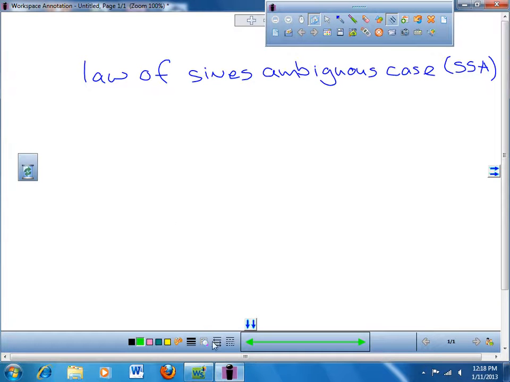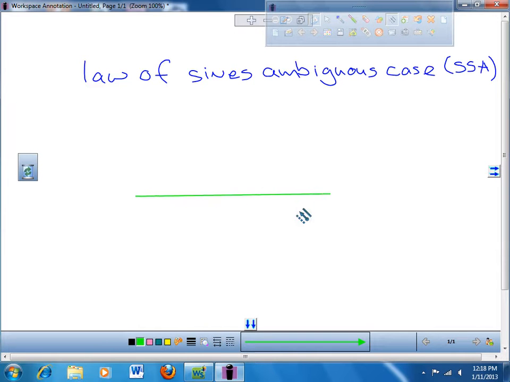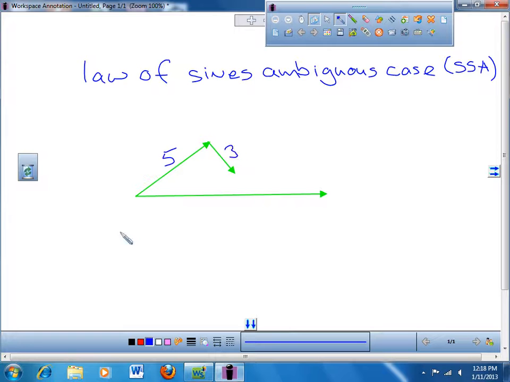Say you have this side of some undetermined length, this side going up this way has a length of 5, and this side coming down this way has a length of, say, 3, and this angle over here is 40 degrees.